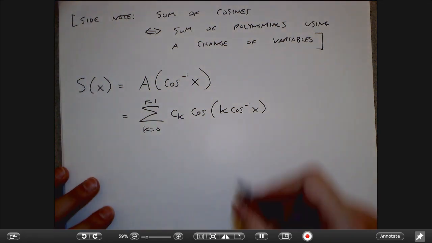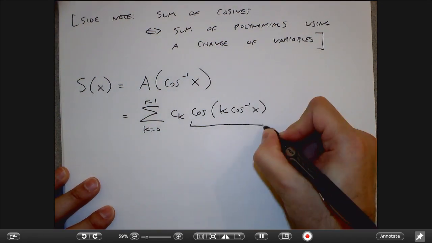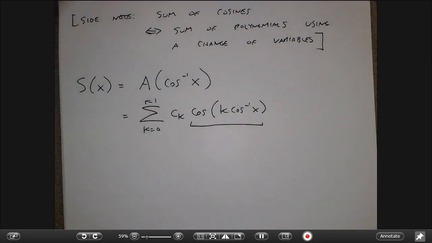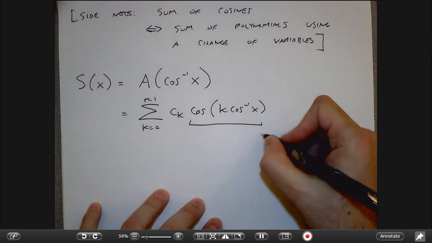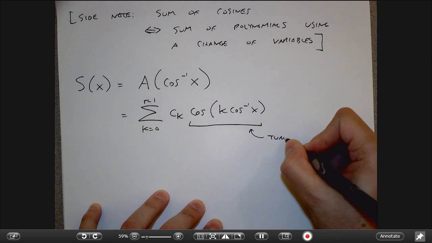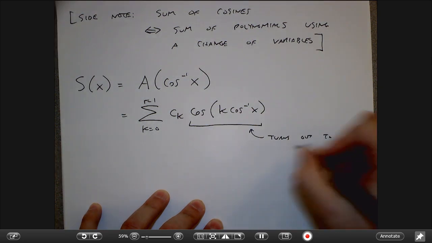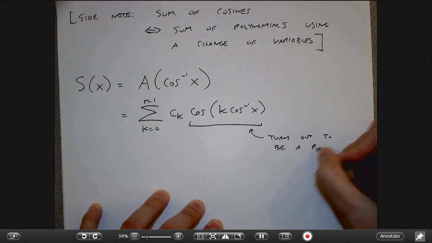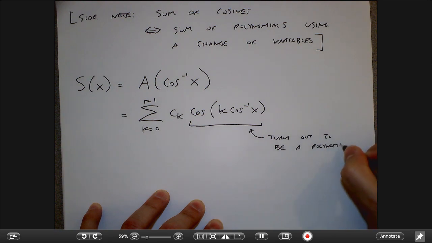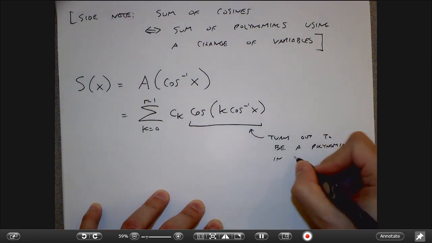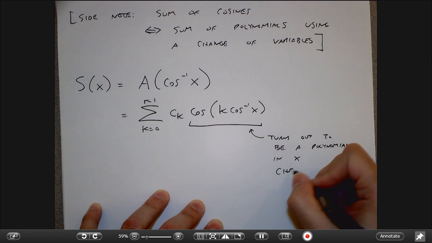The kind of cool thing is that this thing here, if k is an integer, turns out to be a polynomial in x, which you wouldn't expect. These are called the Chebyshev polynomials.